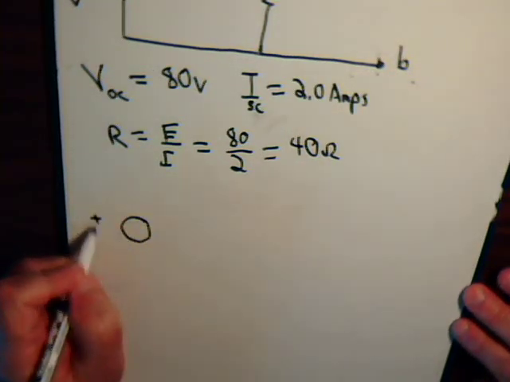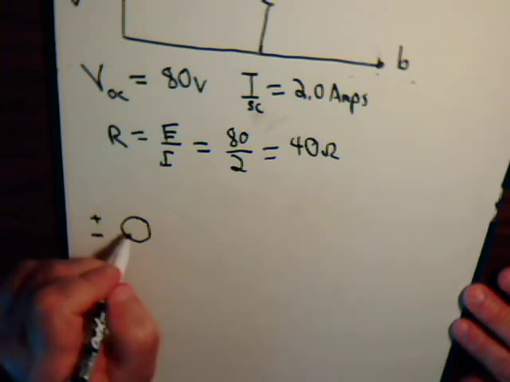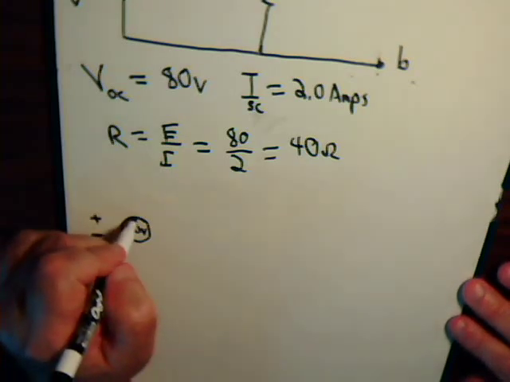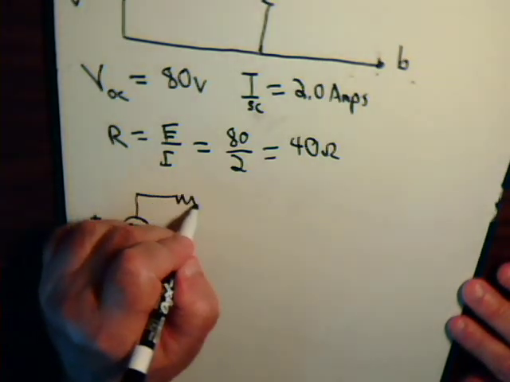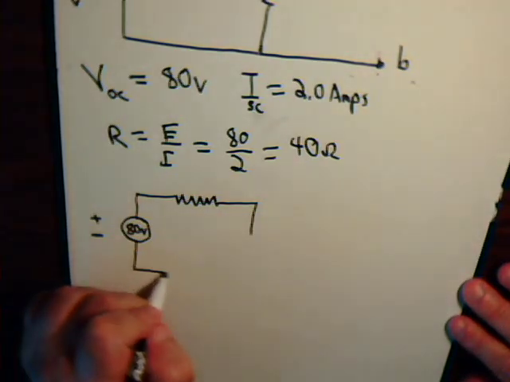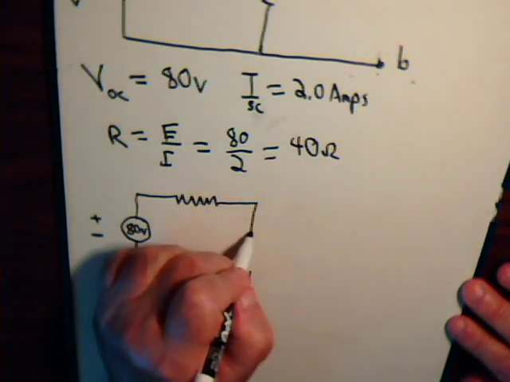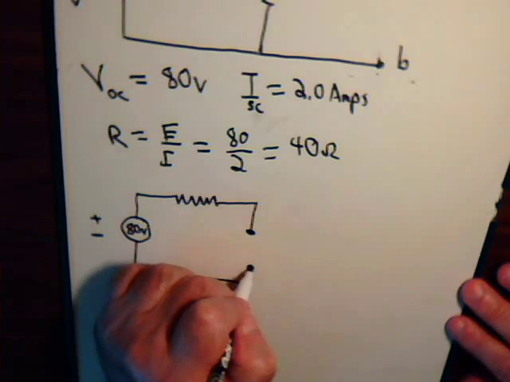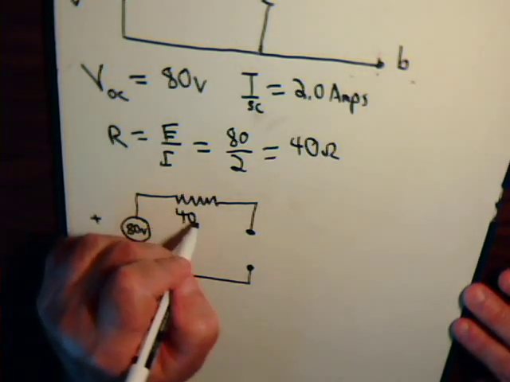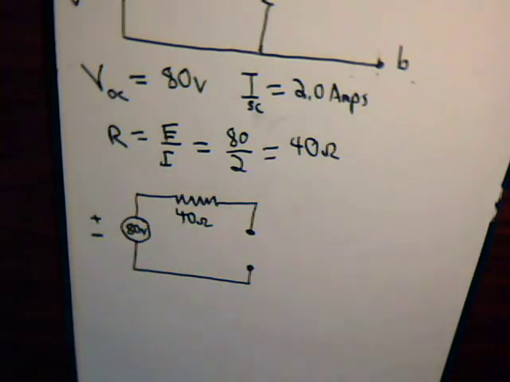Here we have a voltage of 80 volts, a voltage source, and here we have a 40 ohm resistor.